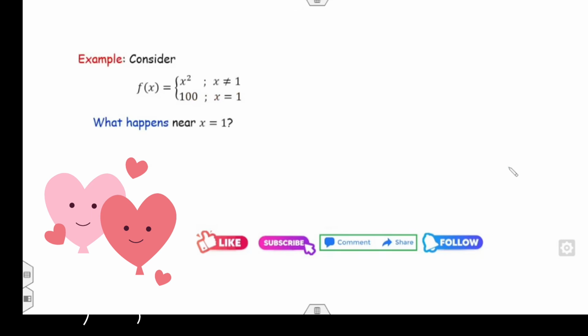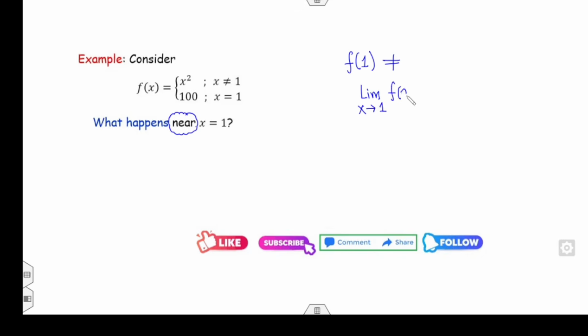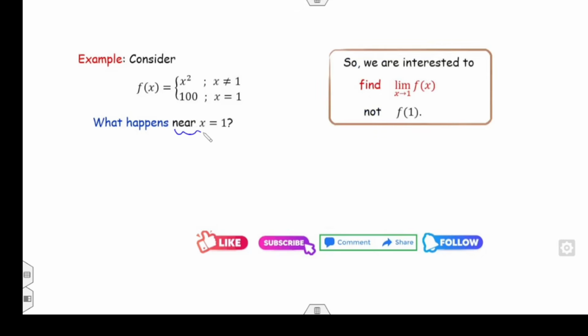Another example, consider the function f(x). What will happen near x equal to 1? Look at the word: near. That means we are not interested in finding the value of f at 1, but we are interested in finding the value of f(x) whenever x is near 1.